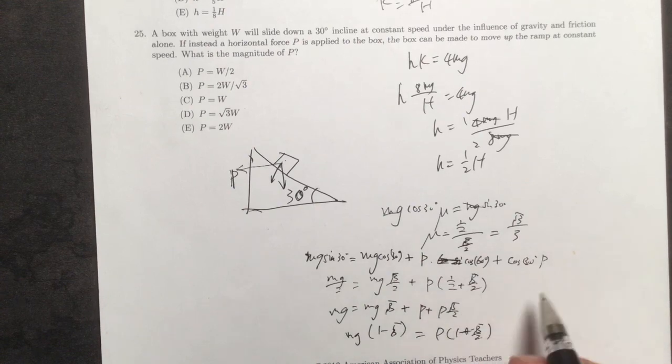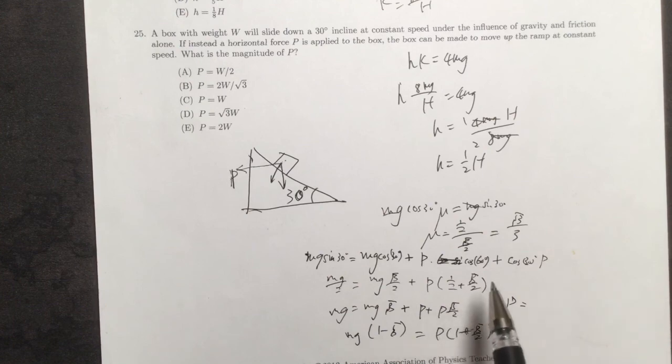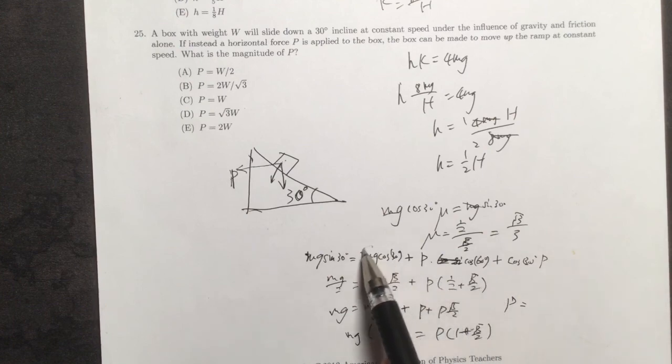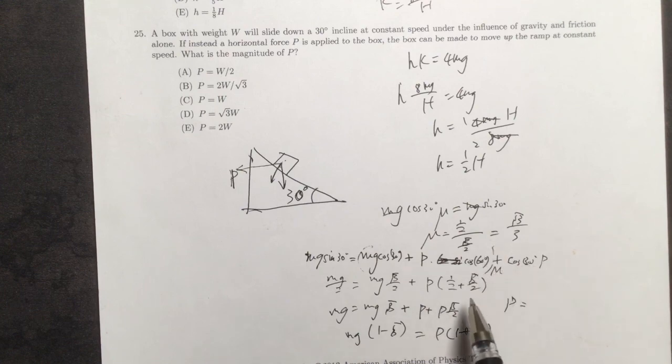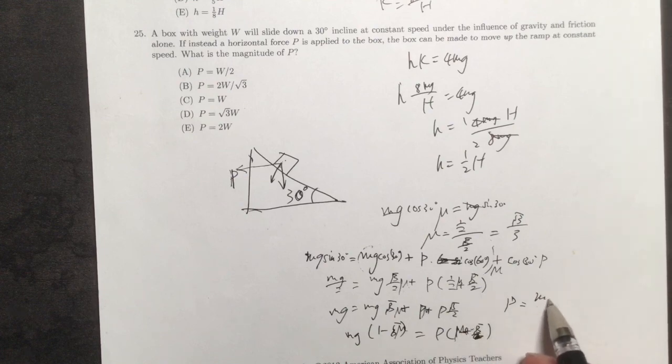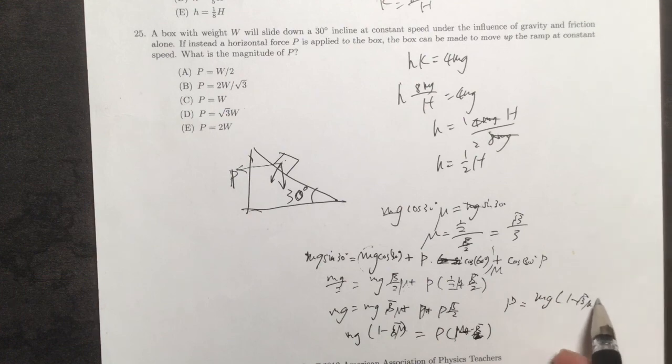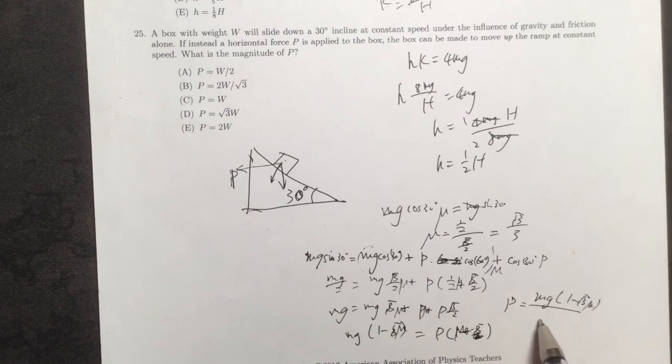So what is P? Oh, we forgot to multiply this by mu. So there's a mu here. So P is equal to mg times 1 over square root of 3 times mu divided by mu plus square root of 3.